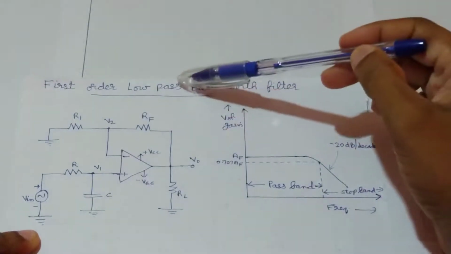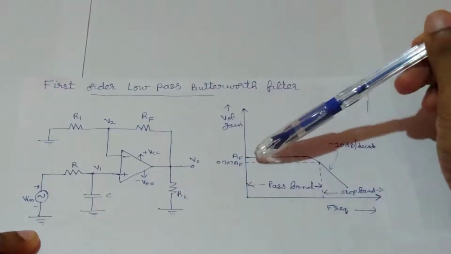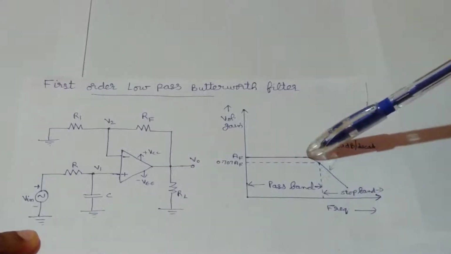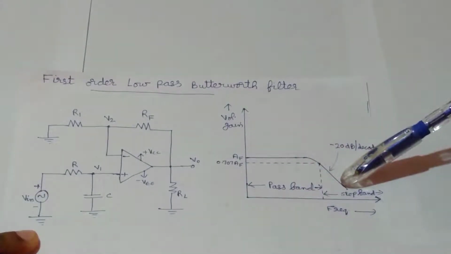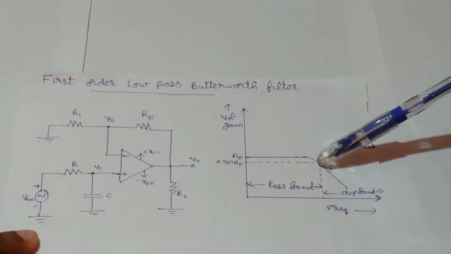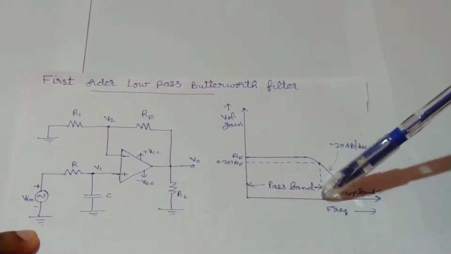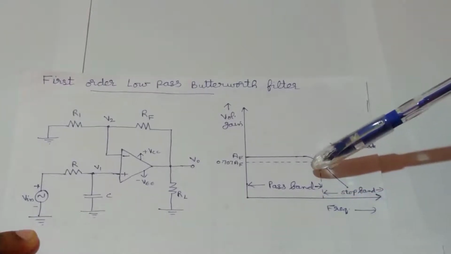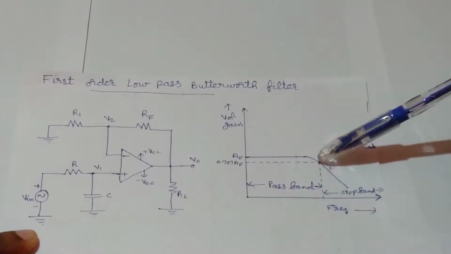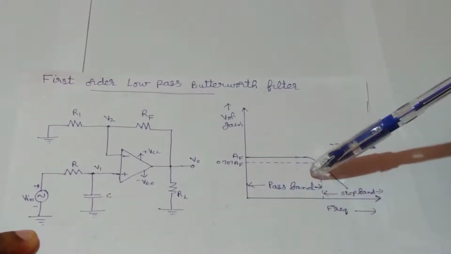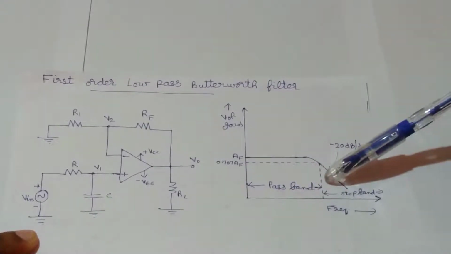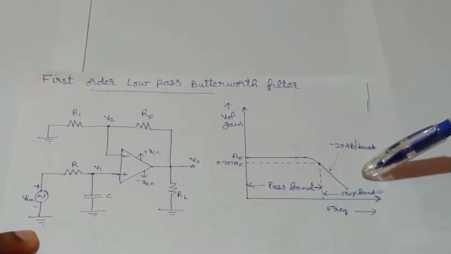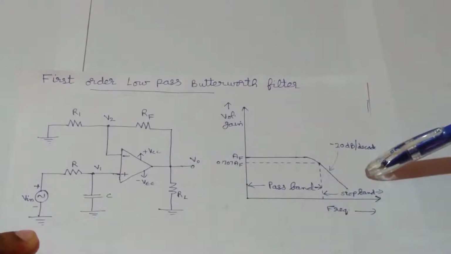And we know a low pass filter passes the low frequencies and blocks the higher frequencies. And this is the cutoff frequency of the low pass filter. So this low pass filter passes the frequencies below this cutoff frequency and blocks the frequencies higher than the cutoff frequency.